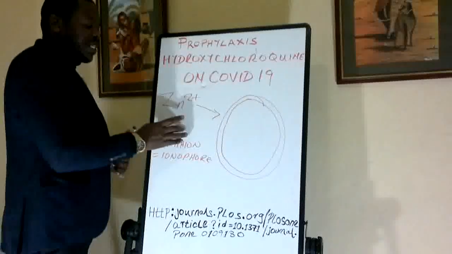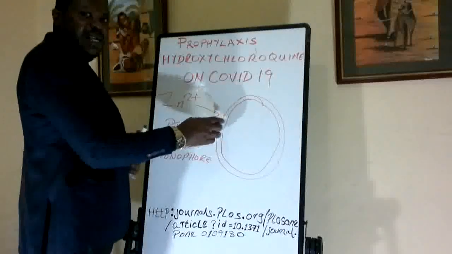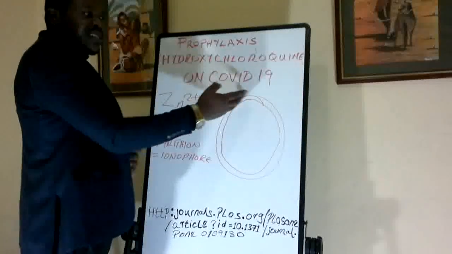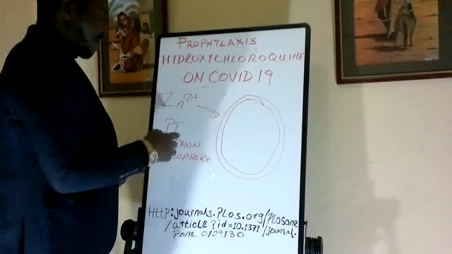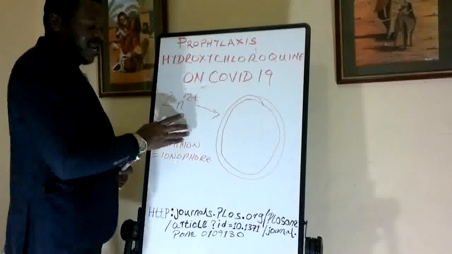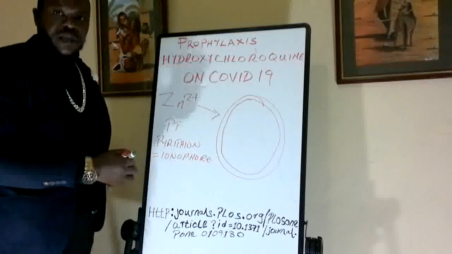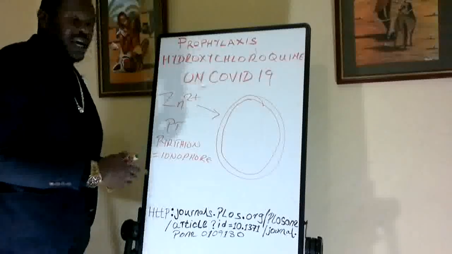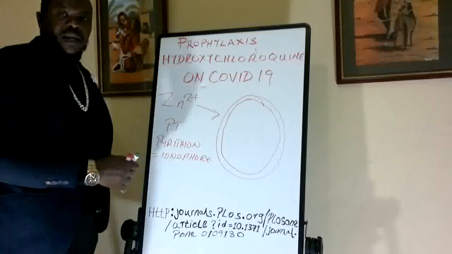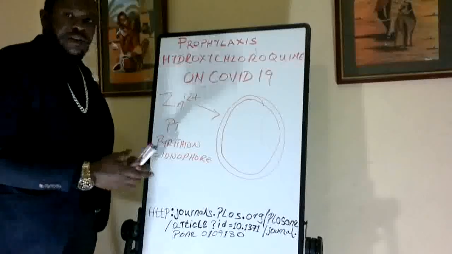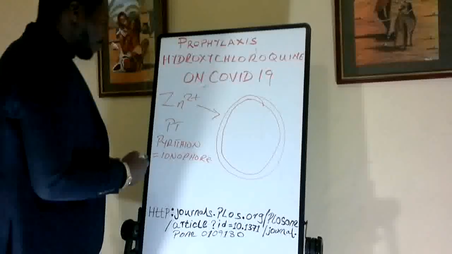So PT was added to zinc to act as a mechanism to make the cell membrane permeable for zinc to get through. And that study was done in vitro. In vitro, I mean in a laboratory, not inside the body. Inside the body, it's called in vivo. But in a test tube or in a petri dish, it's called in vitro. So this study was done in vitro.